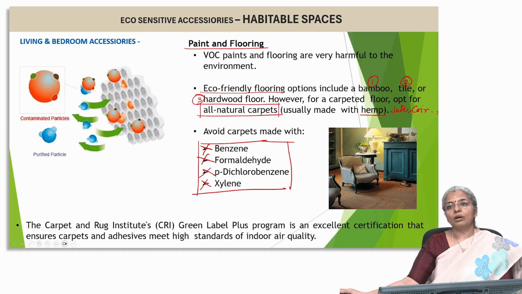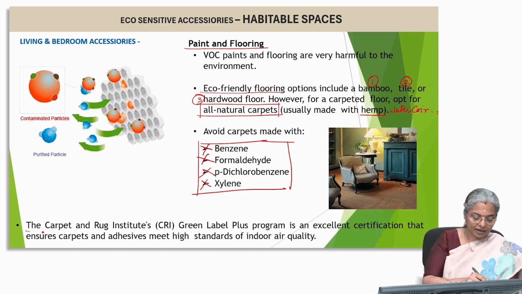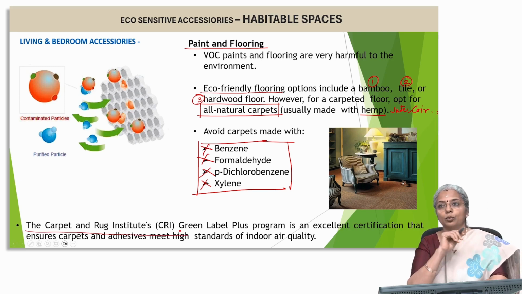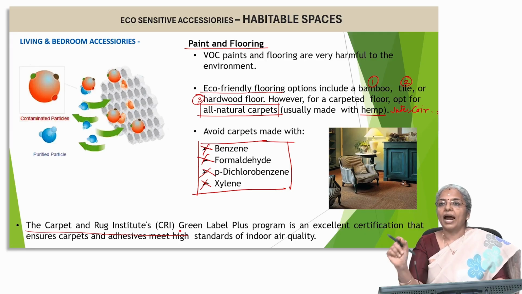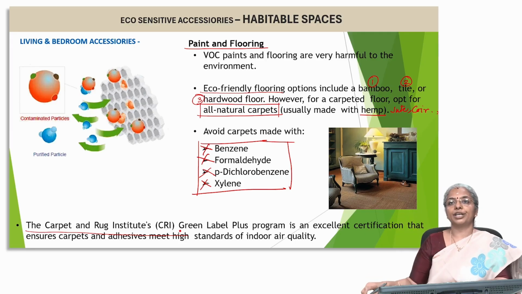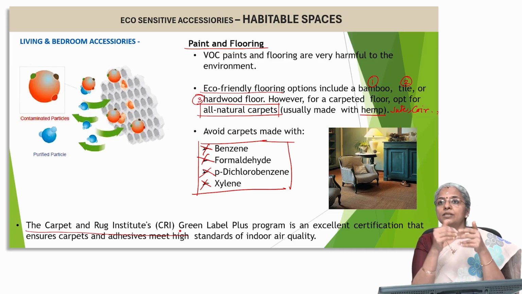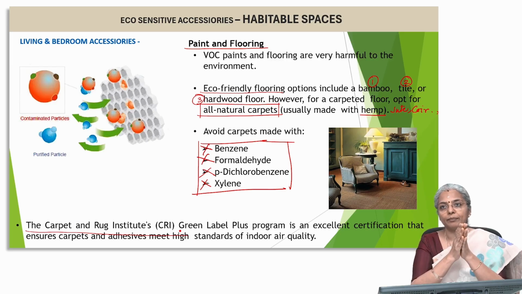There is something called the Carpet and Rug Institute, CRI. They have a Green Label Plus program, and it's an excellent certification which will ensure that carpets and adhesives meet high standards for indoor air quality.